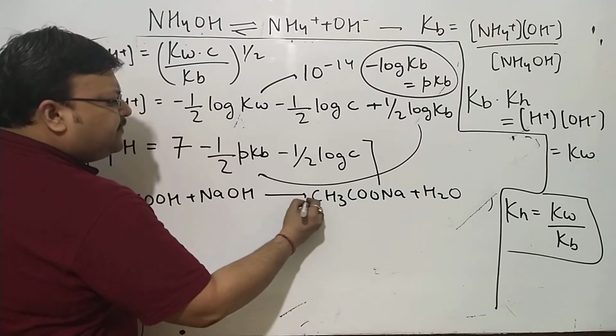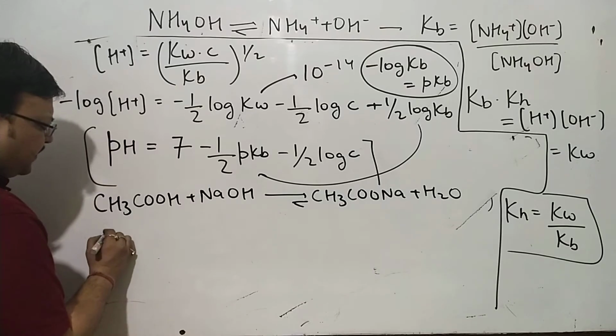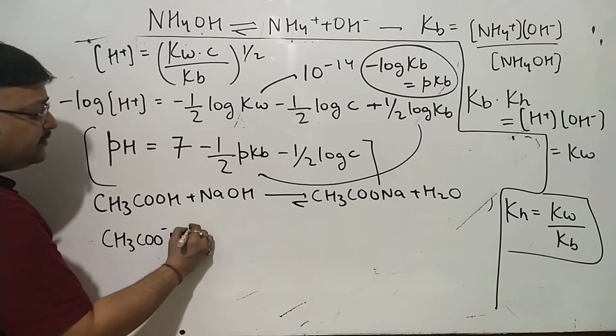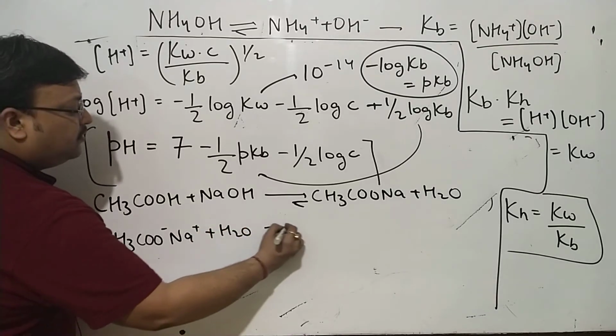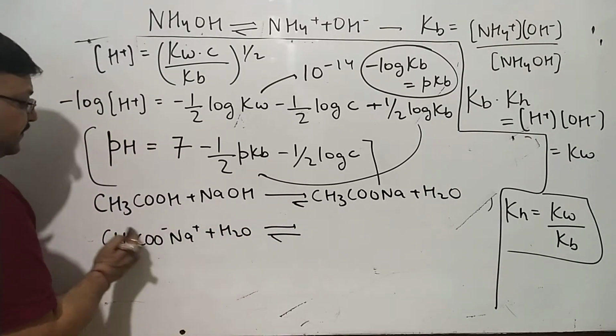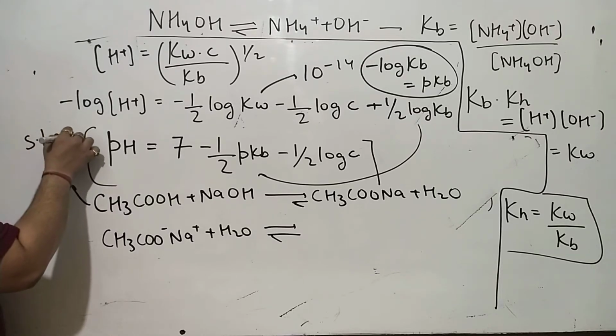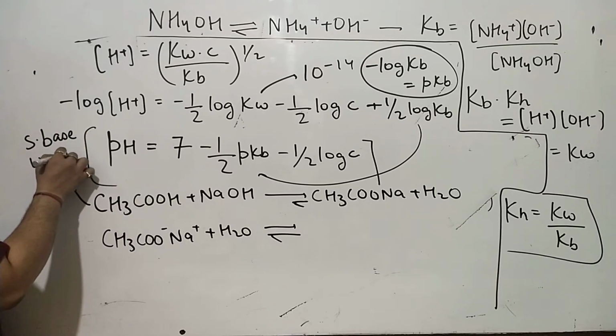So if you again believe this is reversible, then CH3COO minus Na plus water, reversibility. This is salt hydrolysis, and this is when it's a strong base weak acid scenario.